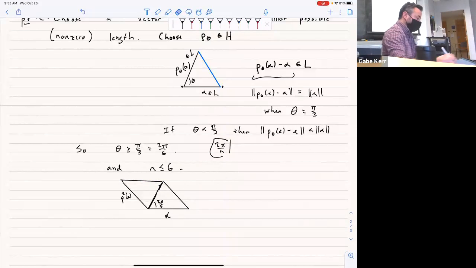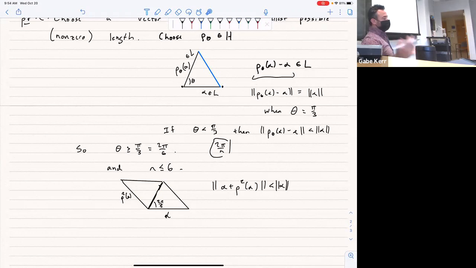So what you'll get from this is that this length here is going to be alpha plus rho squared of alpha. And then this will be smaller in length, just from visual inspection, but you can prove this. That length of that vector is smaller than the length. So for the case of 5, you get a contradiction. So you can rule that case out.